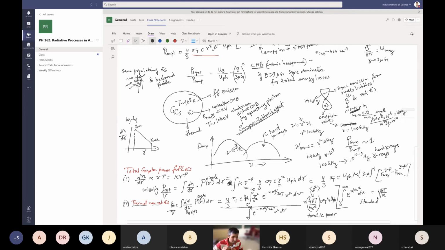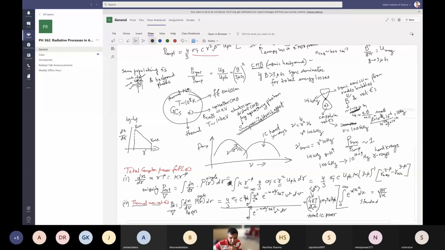In fact, both of these inverse Compton processes, relativistic and non-relativistic, are important. The Sunyaev-Zeldovich example was thermal, non-relativistic, and the inverse Compton due to the synchrotron emitting electrons is non-thermal, relativistic. So both these limits are important. And in fact, this 4 kT by mc squared is quite important.